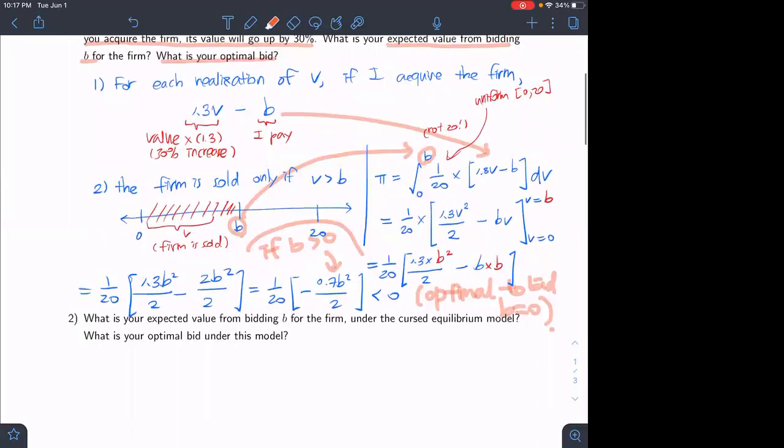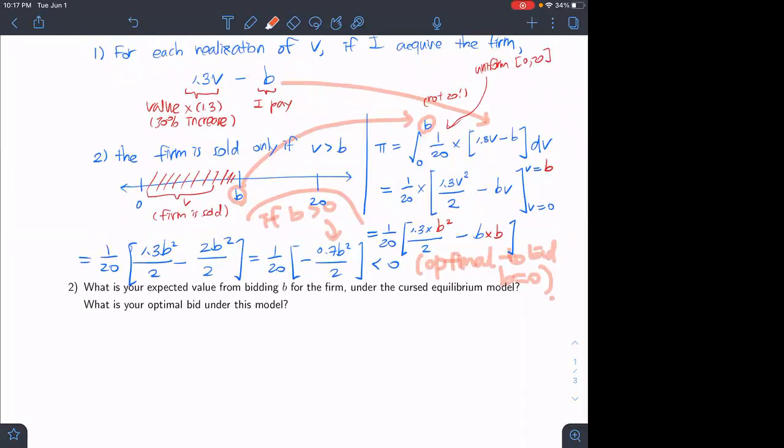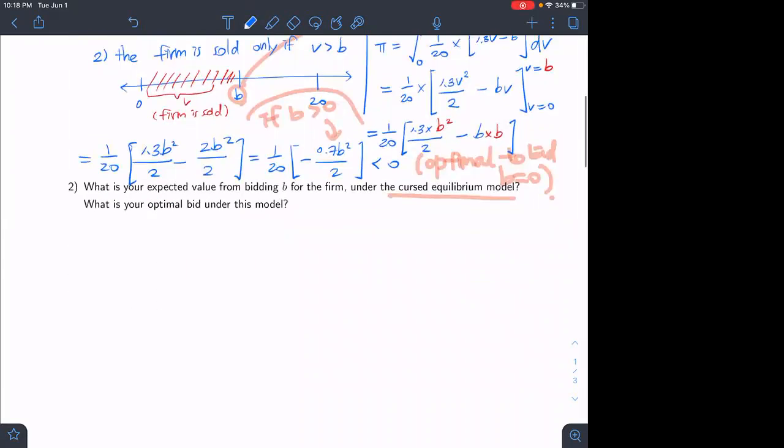Then second question. Now we want to rationalize choices where people bid B greater than 0. One possible explanation for that is the cursed equilibrium model, which is not correct, but we want to understand why people bid B greater than 0. So here goes the first explanation.